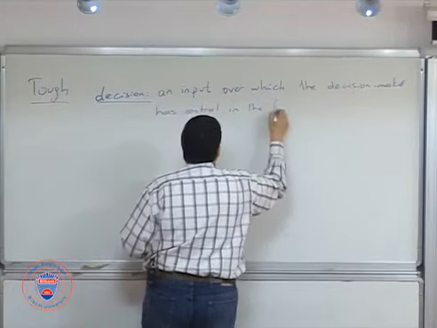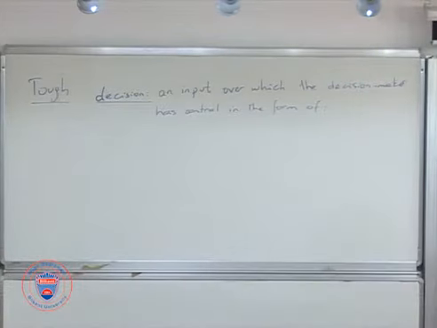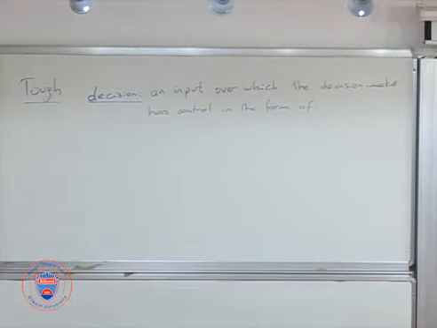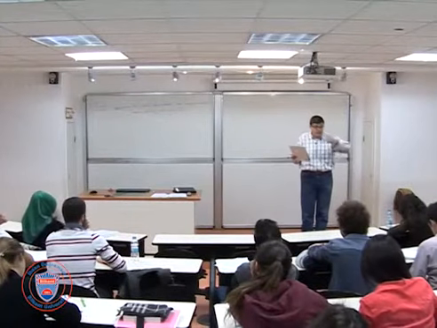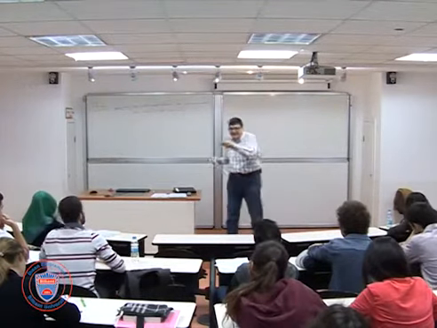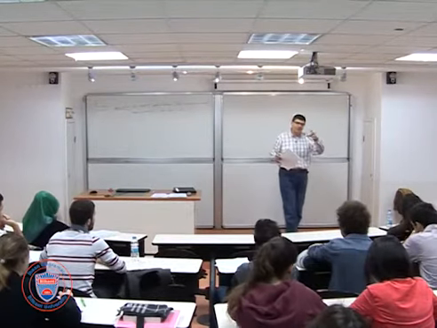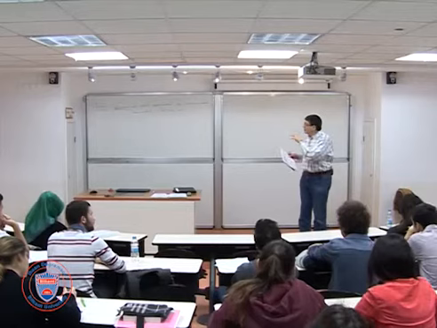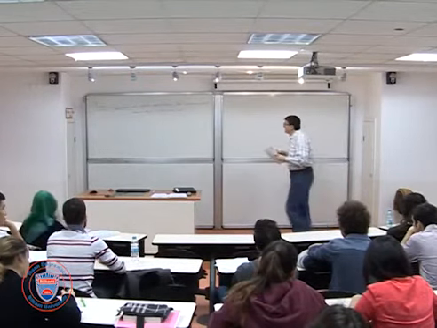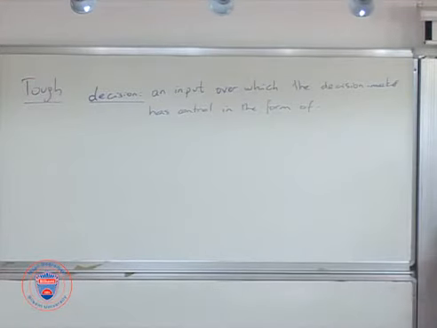in the form of. Now, we're going to have several different forms, but basically we're talking about a decision maker. The decision maker is the person who is going to make the decision. It can be a committee rather than a single person, but whether it's a single person or a group of people, we're talking about an input that they are going to make, and this input can be in one of the following forms.